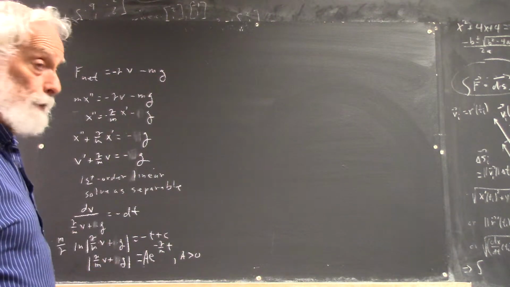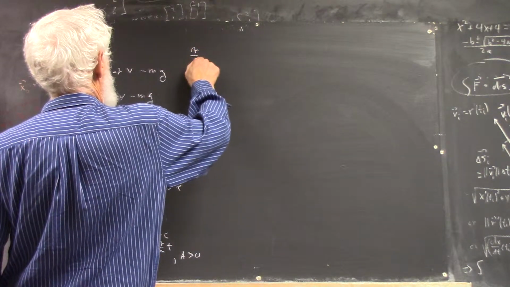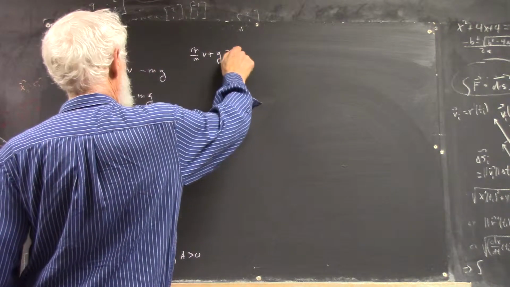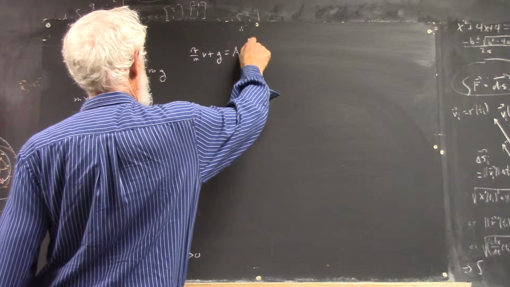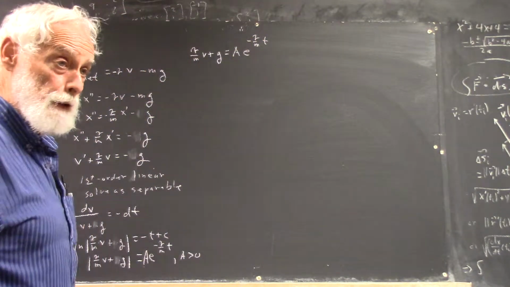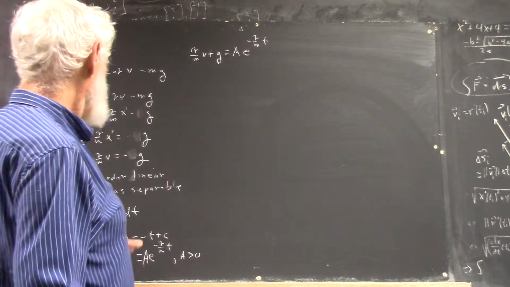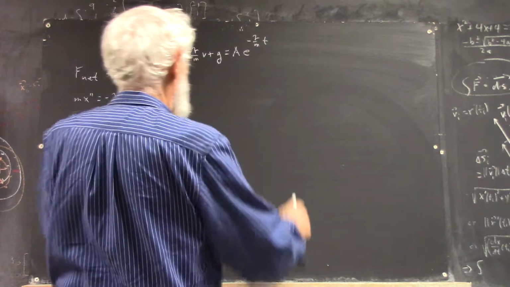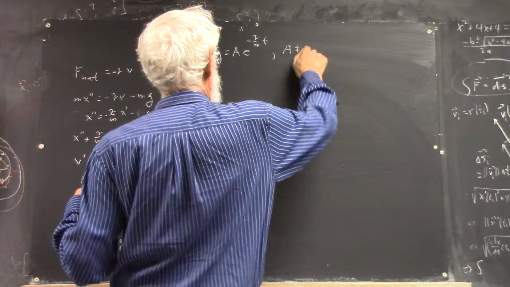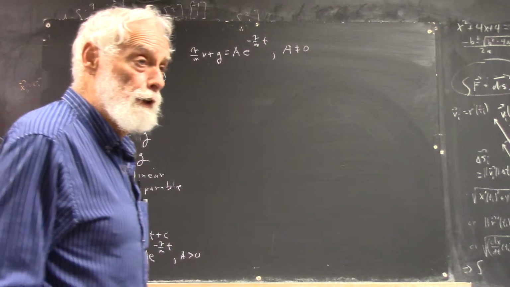We can take care of the absolute value by just saying that gamma over m v plus g equals a e to the negative gamma over m t. But since we removed the absolute value sign, we can now say that a is any constant other than 0. Of course, if a is 0, it's not an interesting solution anyway. Okay?